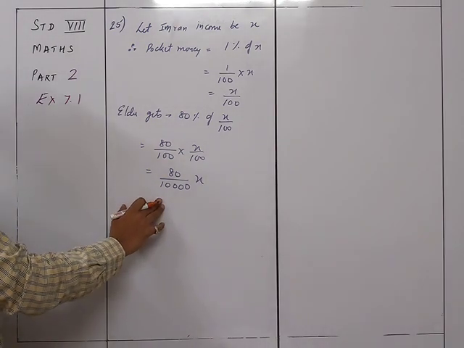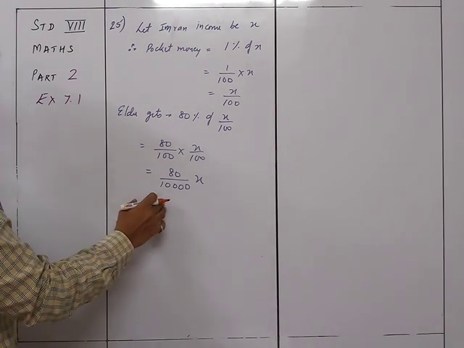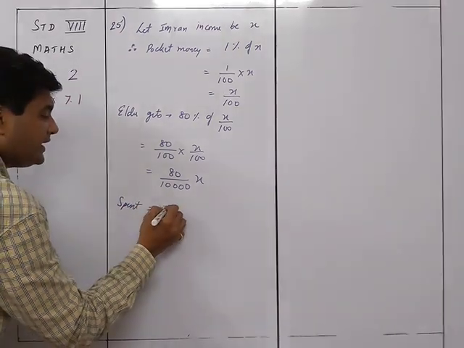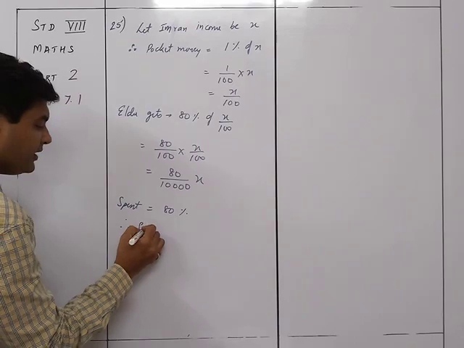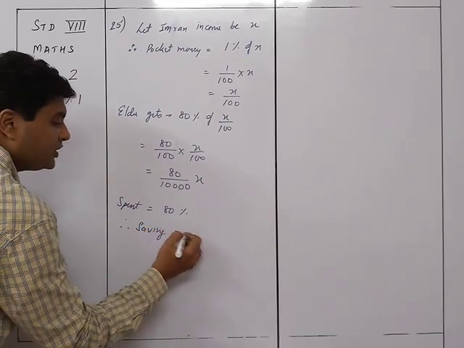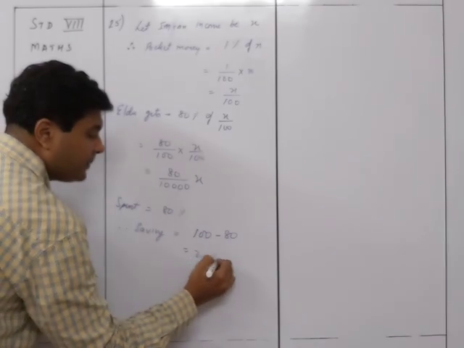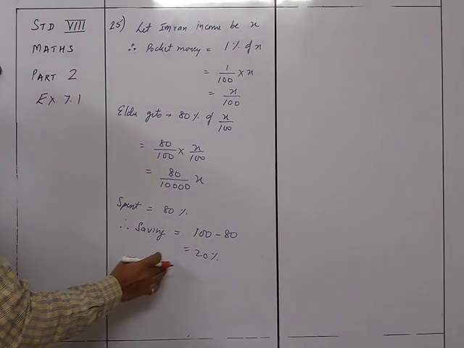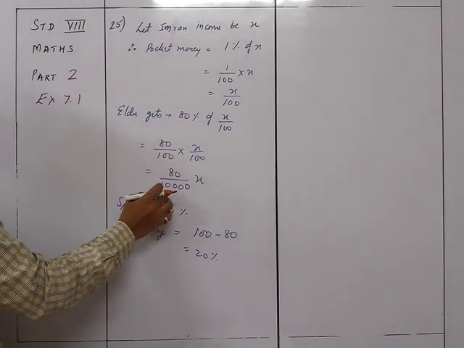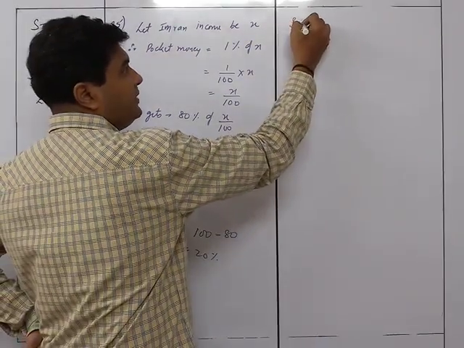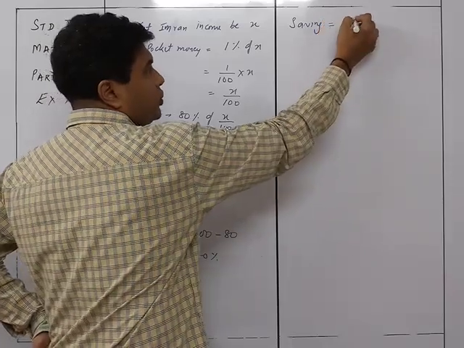He spends 80% of this, or we can say how much. So spend is equals to 80%. Therefore, saving is equals to 100 minus 80 is equals to 20%. So 20% of this amount what he is getting is what he is saving. So we have over here that saving is equals to rupees 60.